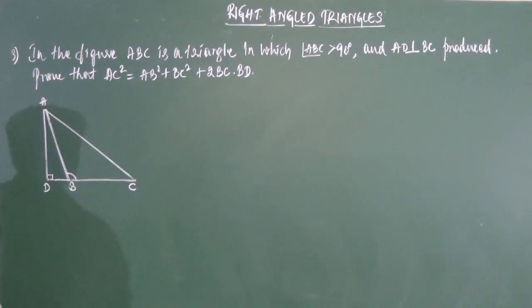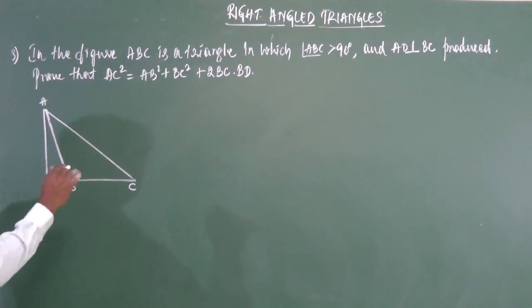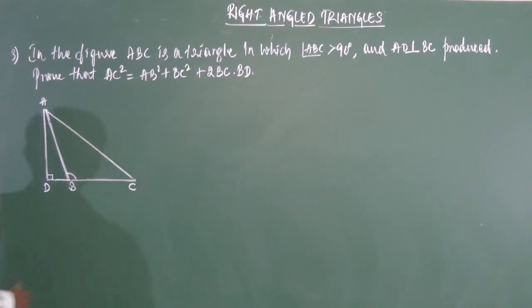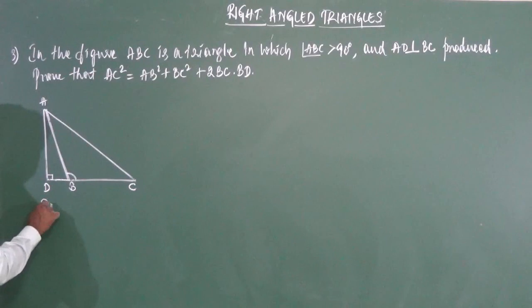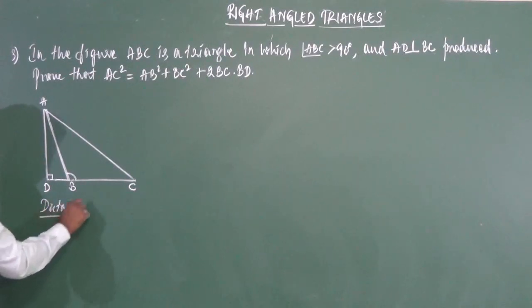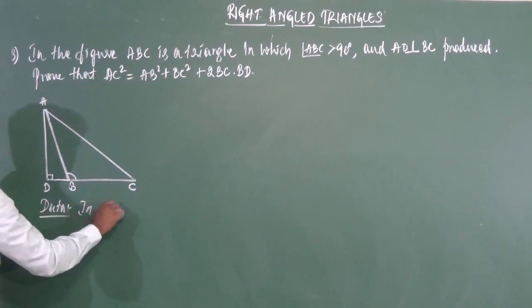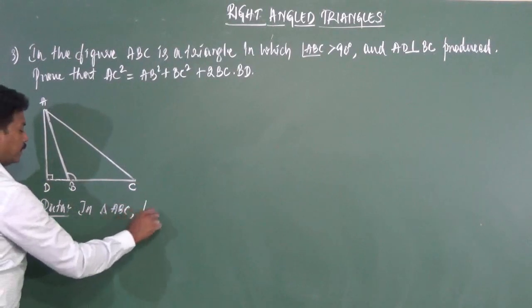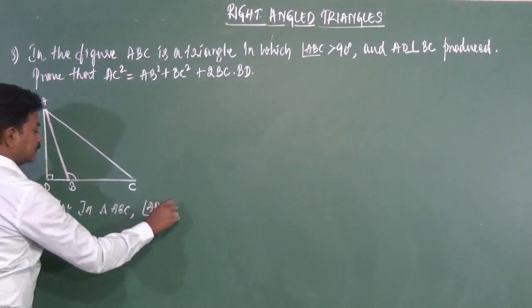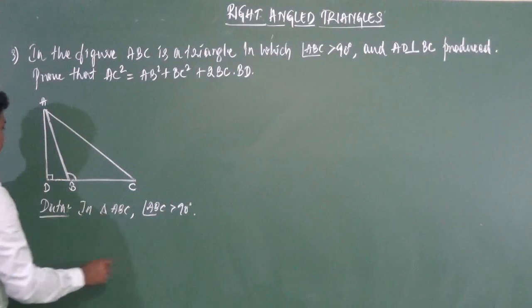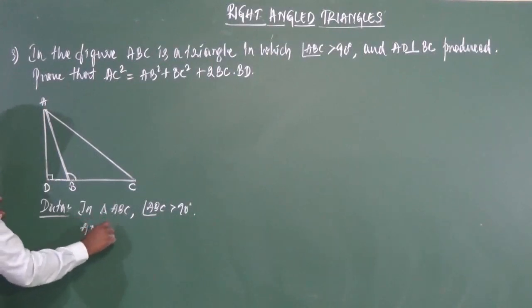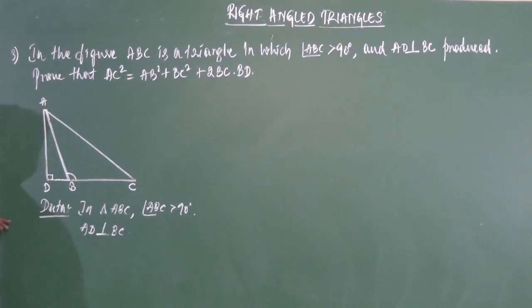It's not a very simple problem, not very complicated, but you have to listen very carefully. So let us write the data. In triangle ABC, angle ABC is greater than 90 degrees and AD is perpendicular to BC, right? So we have two right angle triangles here.